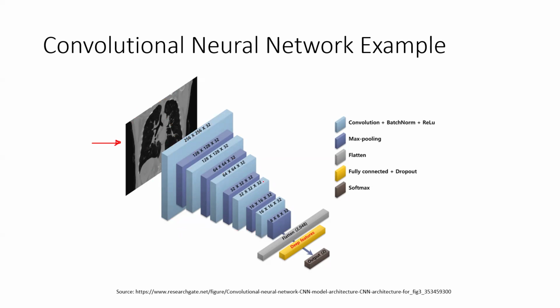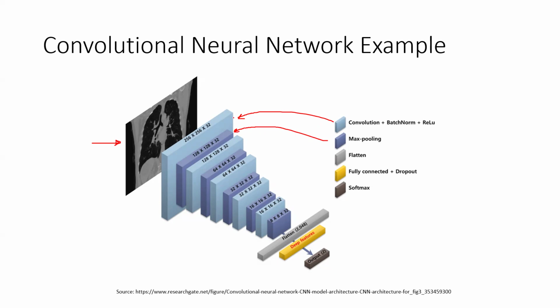These light color blocks are convolutional layers plus batch normalization and ReLU activation. We haven't discussed how we can use batch normalization for regularization and to handle problems like vanishing gradients. After each convolutional layer, you are using a max pooling layer.